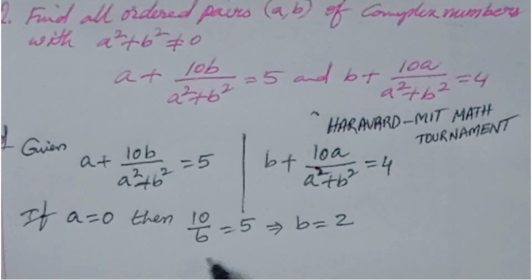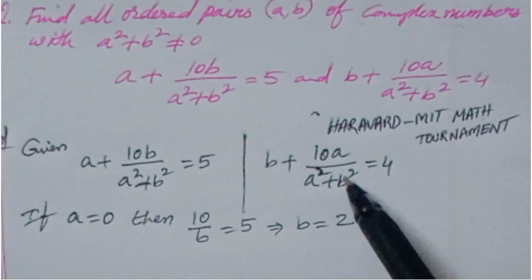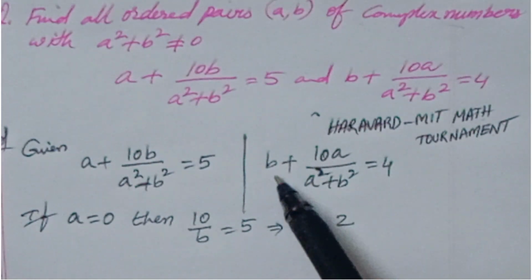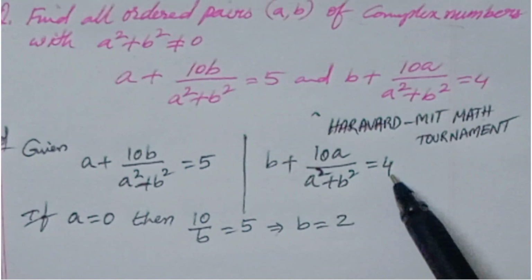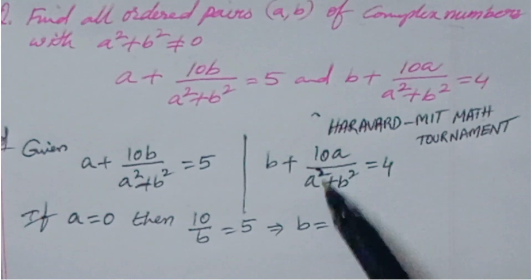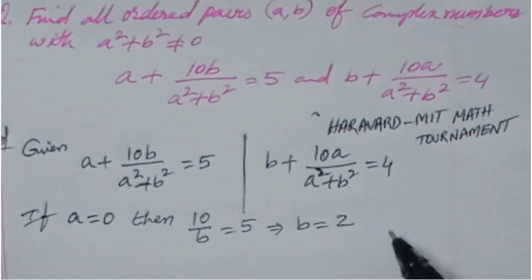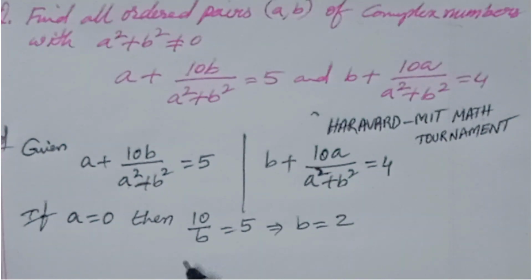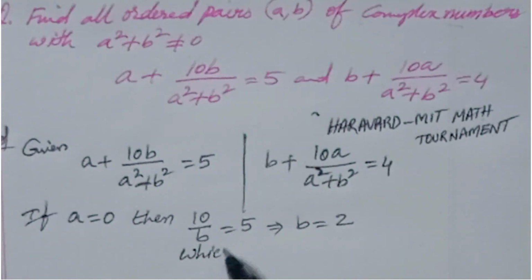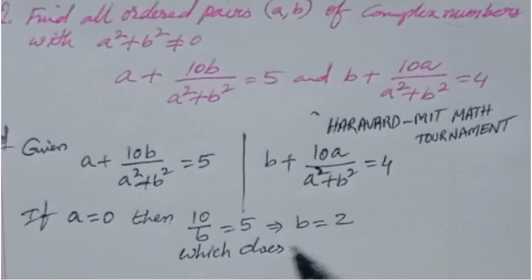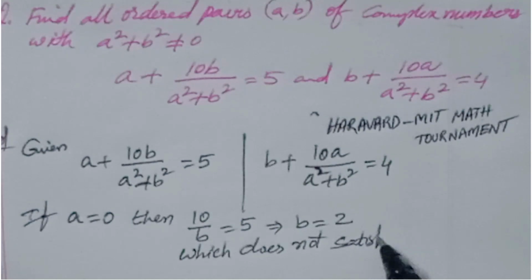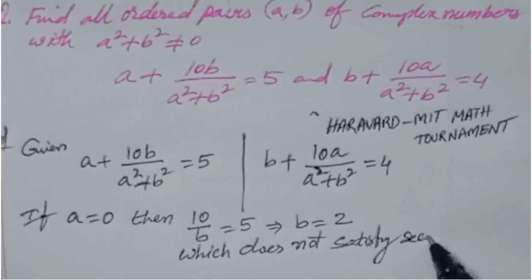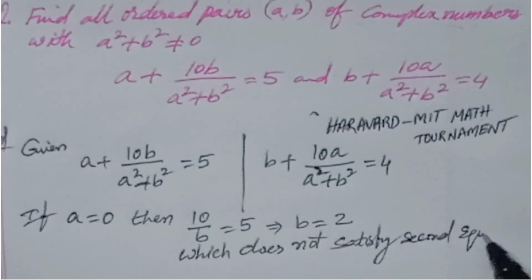If you substitute this b value 2 in the second equation, you will get 4, a value 0, total it will be 4. So b value 4, which does not satisfy the second equation.